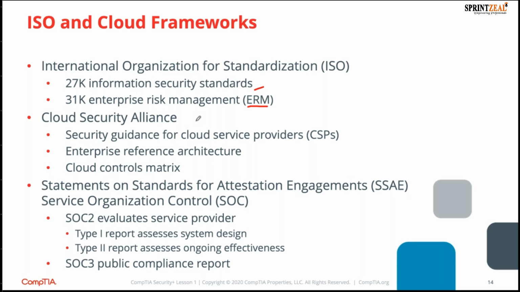An enterprise reference architecture is there: the methodology and tools for the cloud service provider to use in architecting cloud solutions. And then the cloud control matrix lists the specific controls and the assessment guidelines that should be implemented by the cloud service providers.